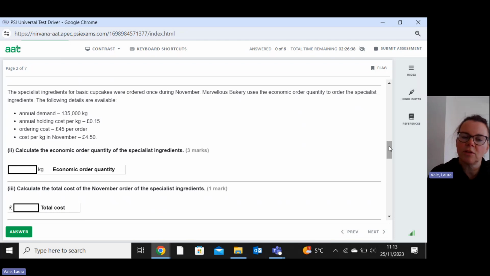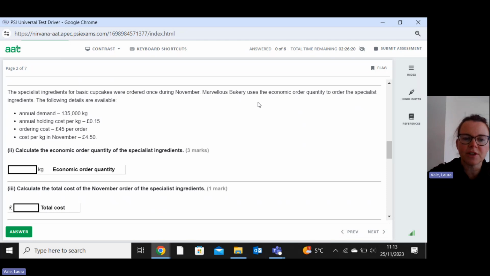Obviously, if you hold stock for too long, it starts rotting and getting stolen and you've got high storage costs, versus ordering every 5 minutes, where of course you've got high costs of administration, checking what's been received and lots of processing costs. So that's what the purpose of it is.